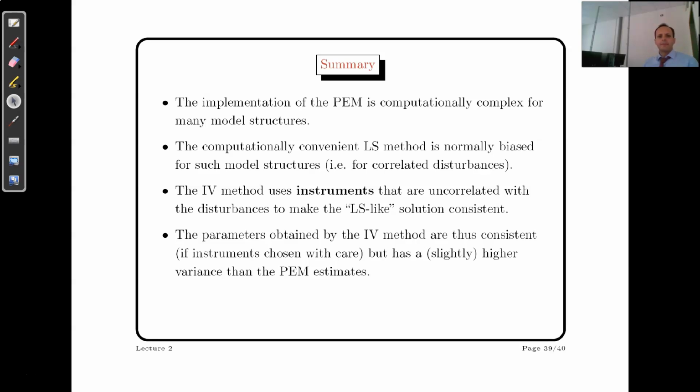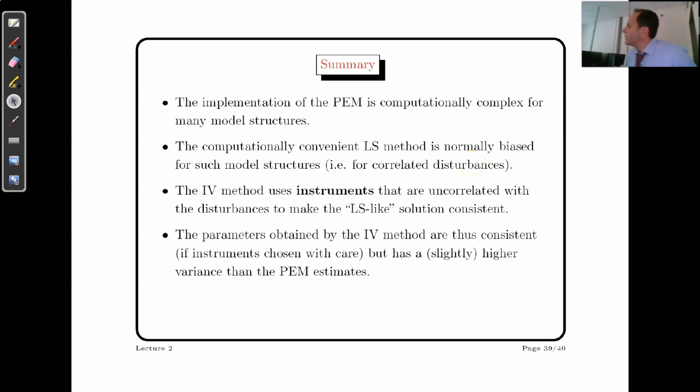So, just an overall summary of our schemes. The PM is the strongest in the sense that it provides the most accurate solutions, but of course the PM is also the most complicated. LS is computationally convenient, if you can use it.